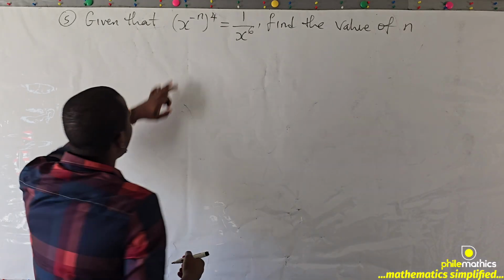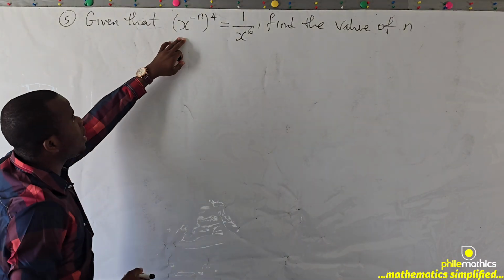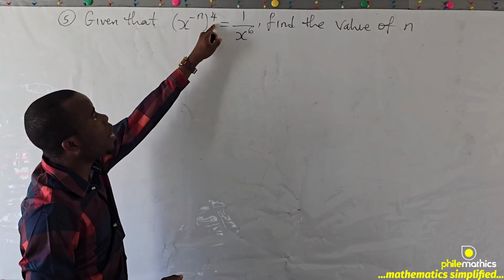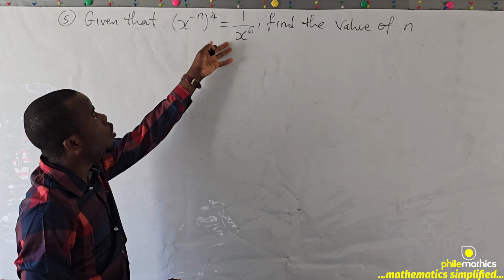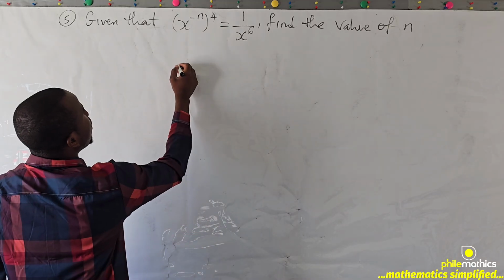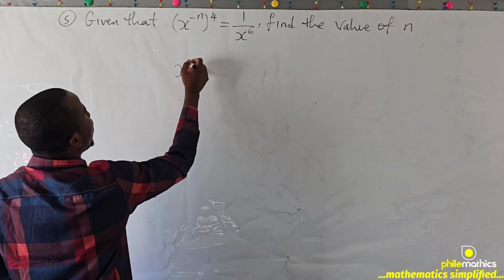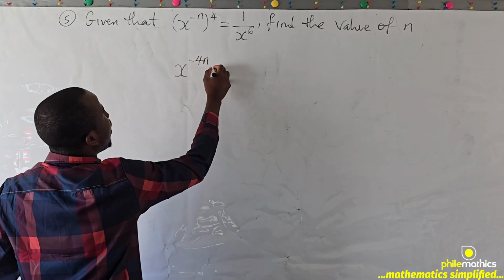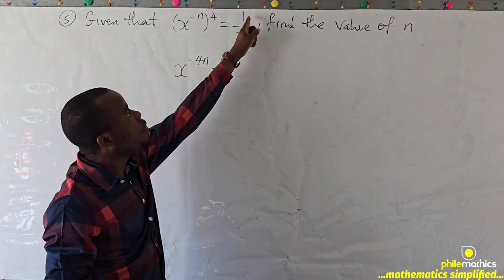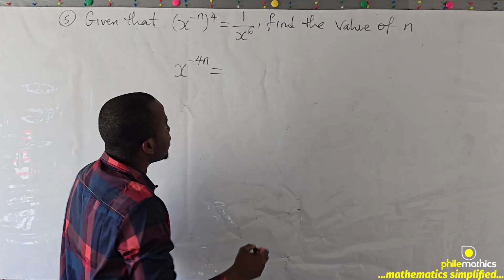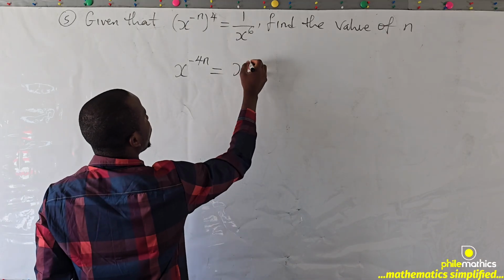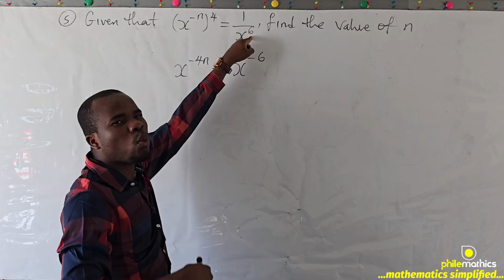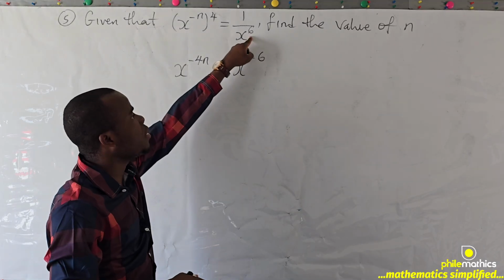If an index is raised to another power, we use the product law, such that this will be s to the power minus n times 4, which is minus 4n. And we can also rewrite this from laws of indices as s to the power minus 6. So this and this are equivalent ways of writing the same thing.